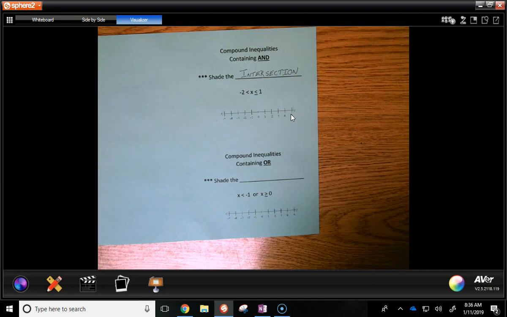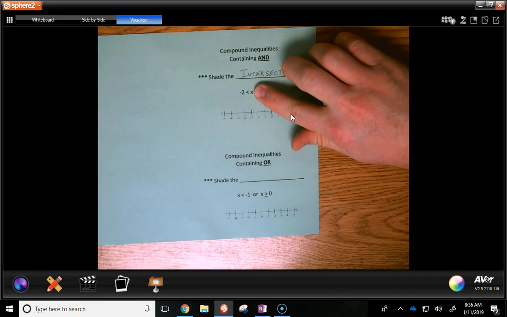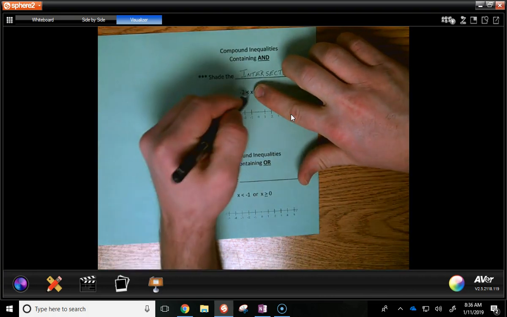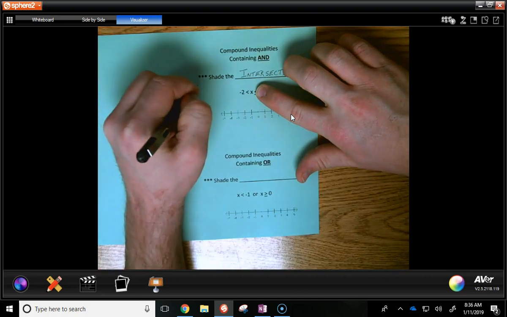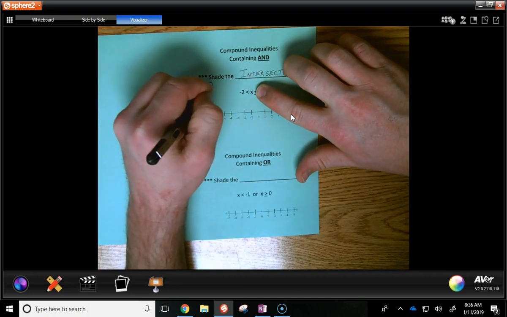When it is written this way, with your variable in the middle and inequalities on both sides, it's an and. I'm going to focus on this first one and flip-flop it. This would be like x is greater than -2, correct?